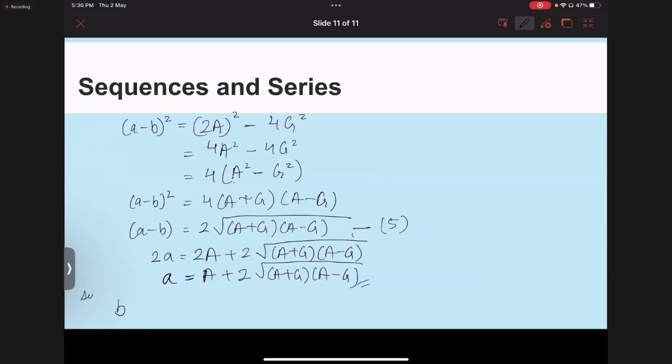Substituting a in b, we will get this as b, or maybe just write it on the other slide so as not to get it so clouded over here.